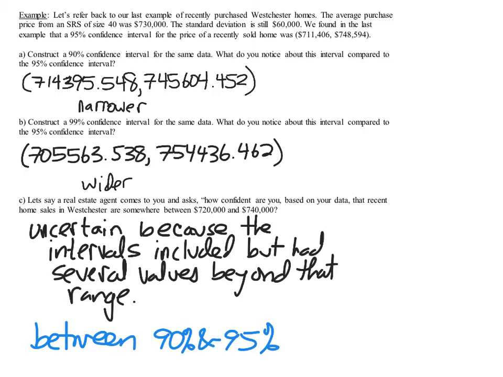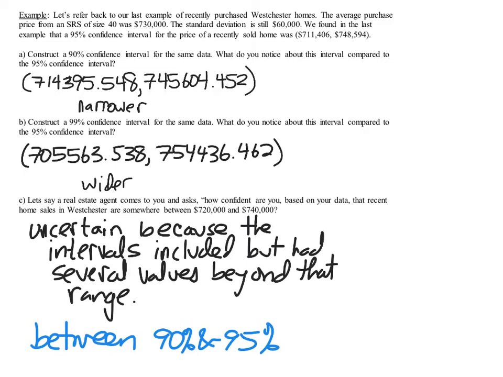Now, both of them encompass what we're looking for, right? They both seem to have that 720 to 740 in it, but as we increase from 90 to 95, we're widening our interval. So we're getting less and less, well, I'll say certain. It's that whole idea with the age analogy that I gave yesterday.